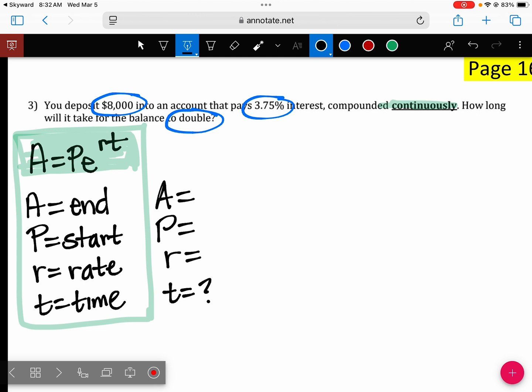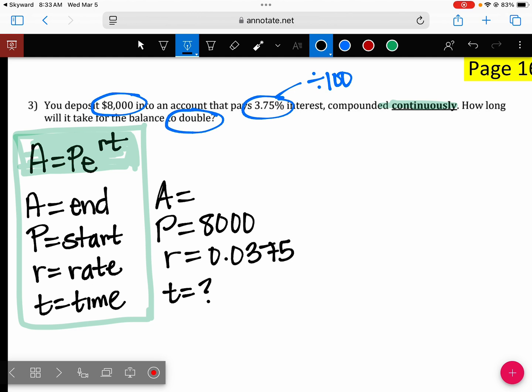I started off with an $8,000 investment. Don't forget to take this number and divide it by 100 before you use it in the formula. So take 3.75 divided by 100. You always divide your interest rate. And that should give you 0.0375.